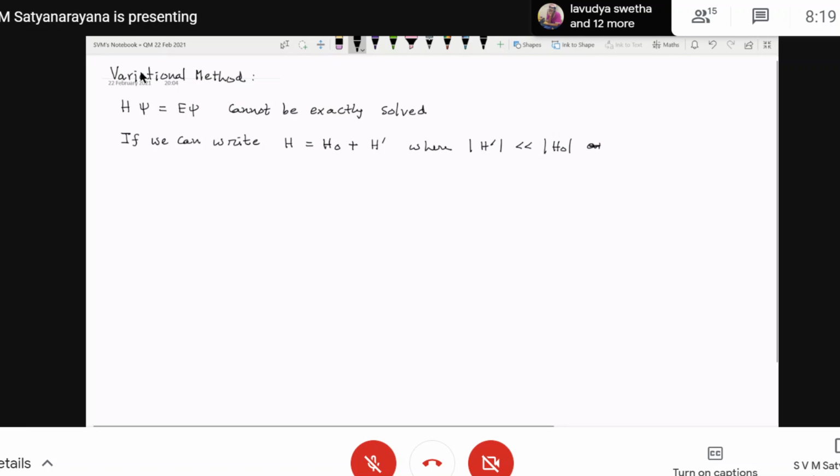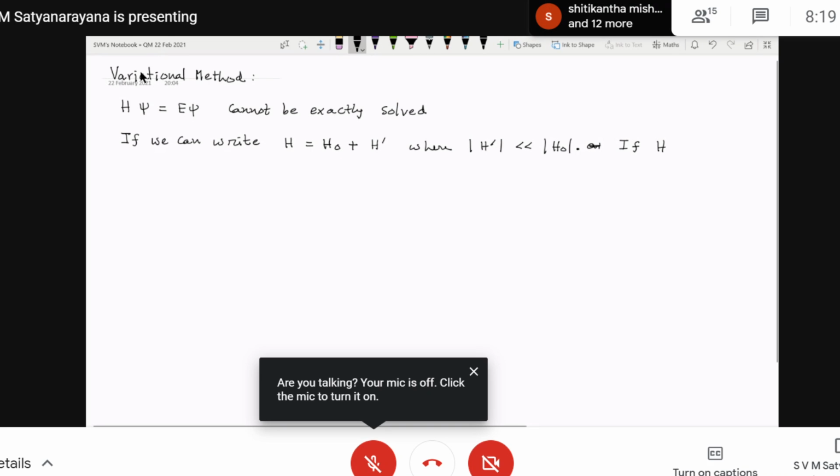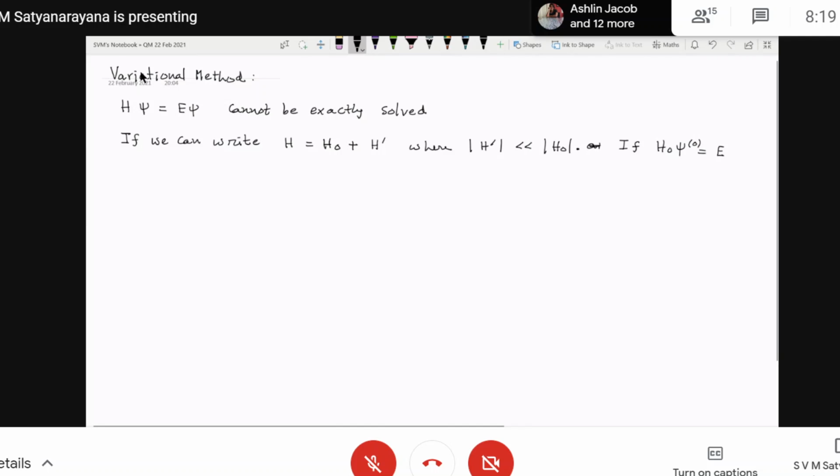And if H0 psi 0 is equal to E0 psi 0 can be exactly solved.